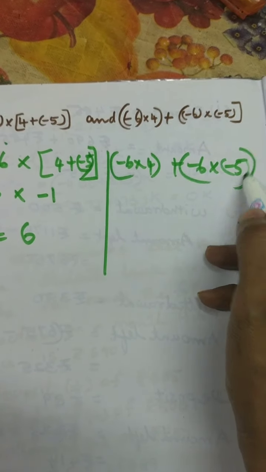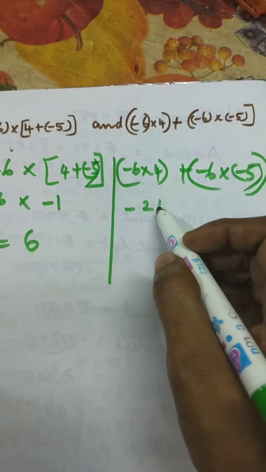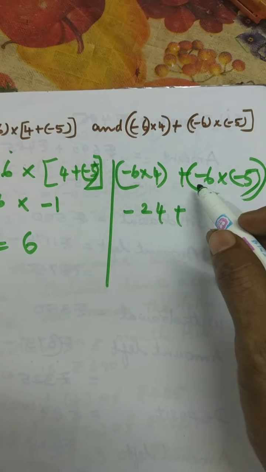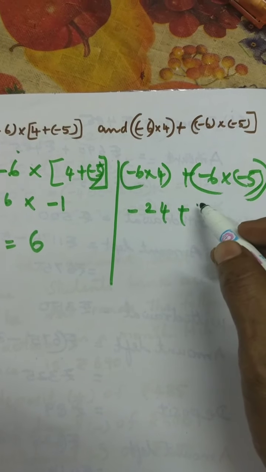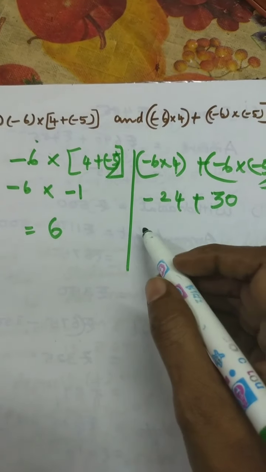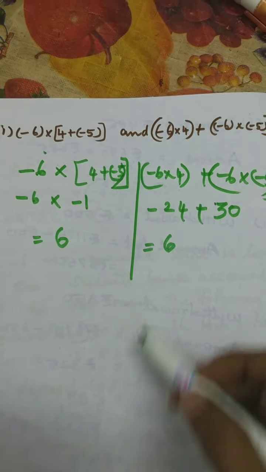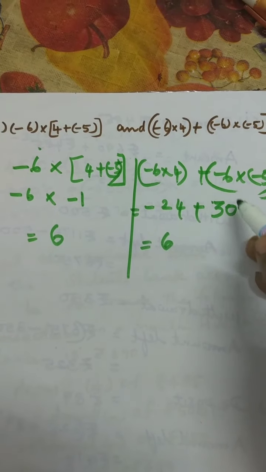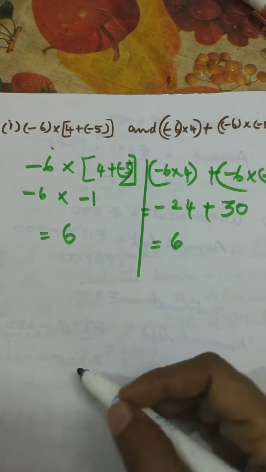Now 6 4s are minus 24, plus minus and minus becomes plus, so 30. Now you subtract these two. The answer is 6. Isn't it? Minus is here, so you have to subtract. Then the bigger number's sign is positive. So 6 is equal to 6.